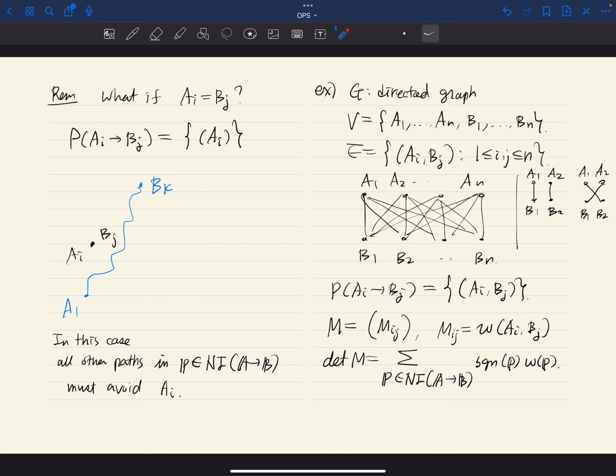What is the definition of intersecting paths? Two paths are intersecting if they share a common vertex. But this is non-intersecting because this is not a vertex. This is just an illusion that looks like a vertex, but it is not. So every path P here is non-intersecting.